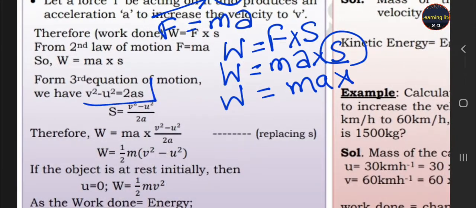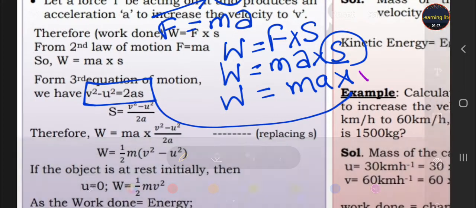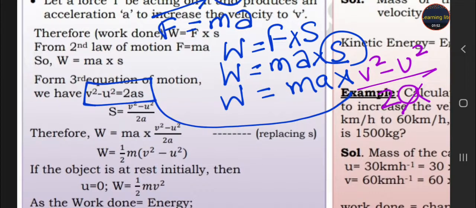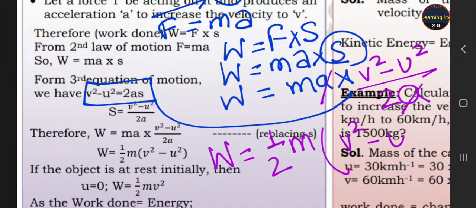From the third equation of motion, the value of S equals v square minus u square upon 2a. We cancel out a from both. Now the formula of work done is half m into v square minus u square, and that is the formula of our kinetic energy. Okay students, this is the mathematical derivation of kinetic energy.